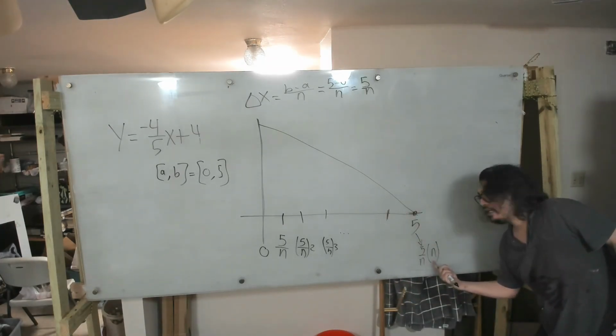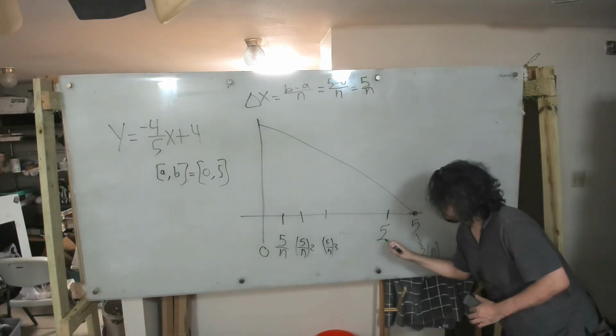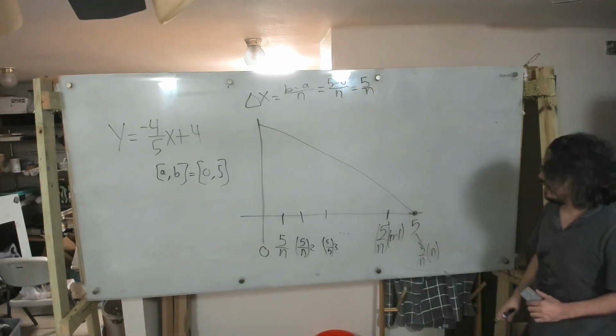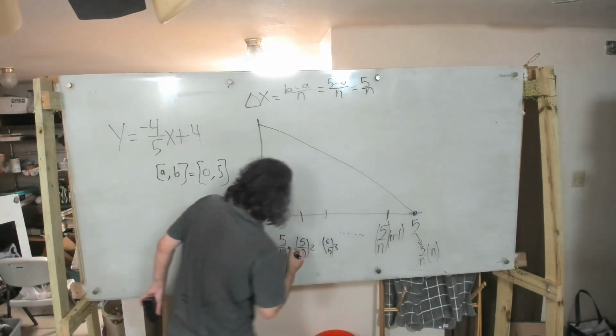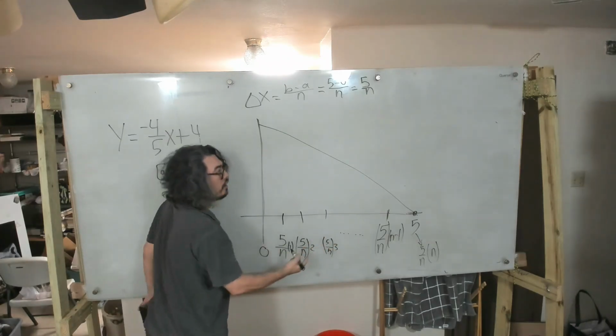Then if this one's times n, then the penultimate one will be 5 over n times n minus 1. Okay. And let me just plug that in here. Even though we don't need it here, I'm going to put in the 1 here so that we can see the pattern more clearly. Okay.